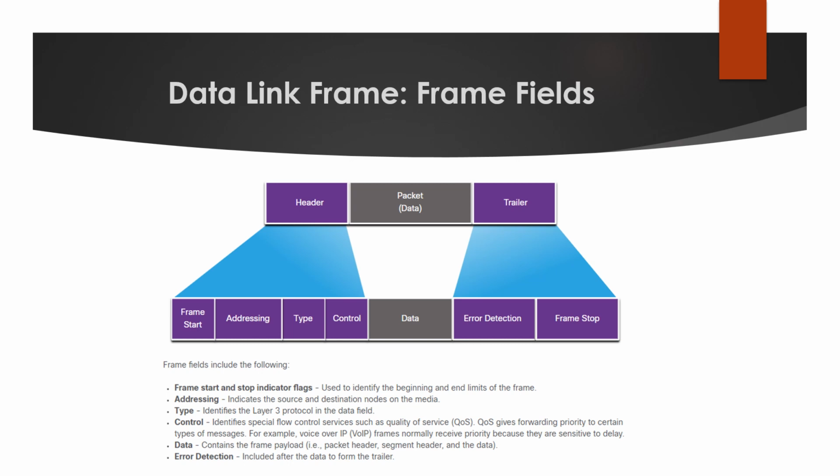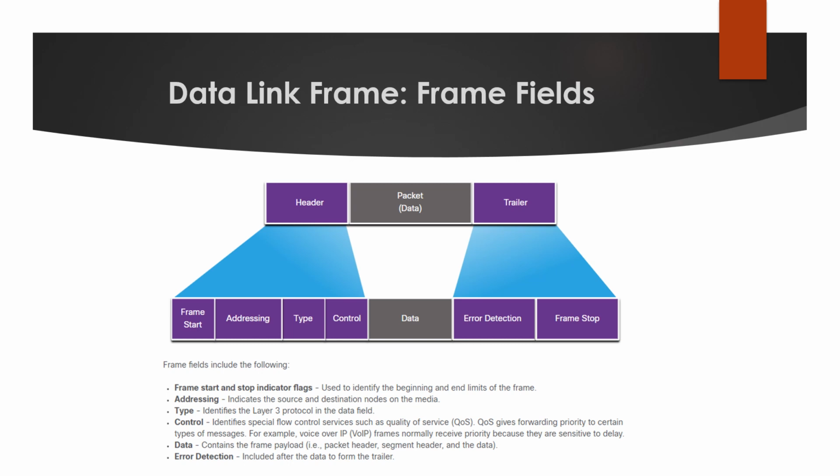Type identifies the layer 3 protocol in the data field. The control field identifies special flow control services such as quality of service. Quality of service gives forwarding priority to certain types of messages. For example, voice over IP frames normally receive priority because they are sensitive to delay.